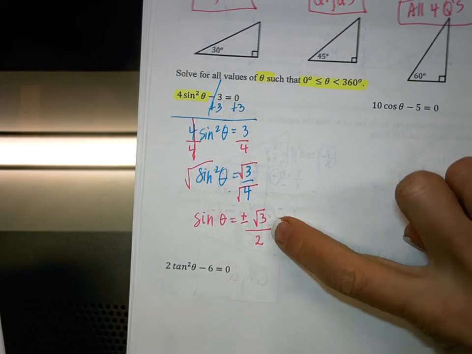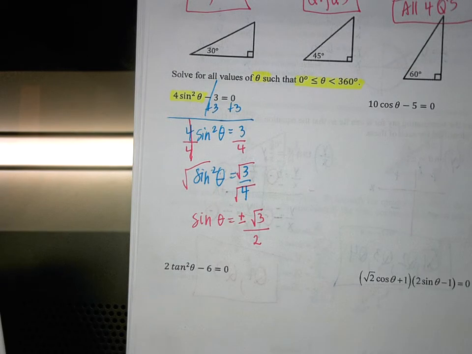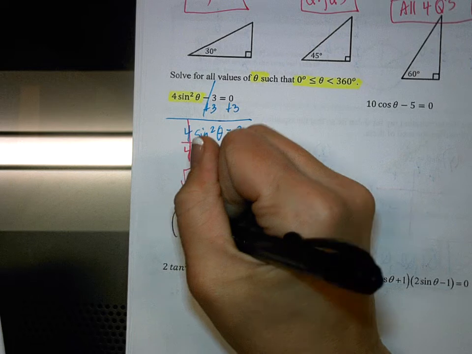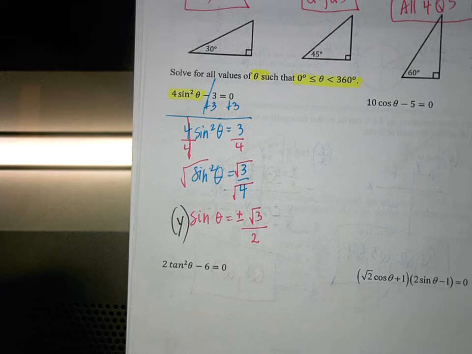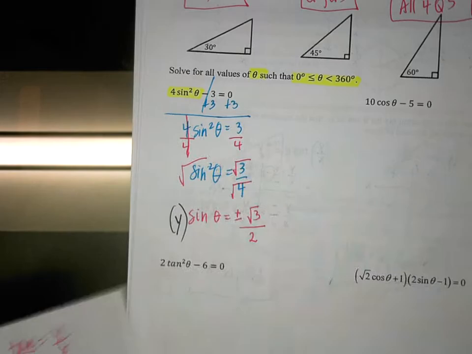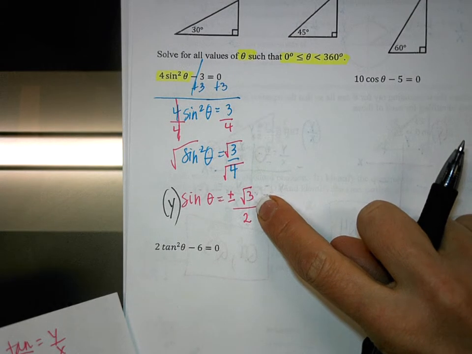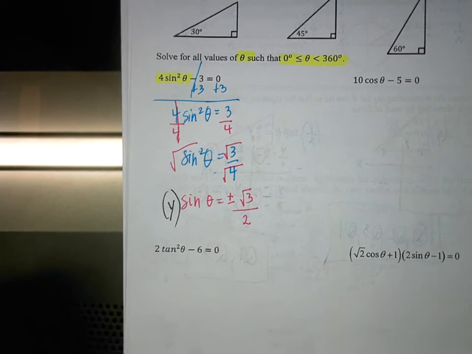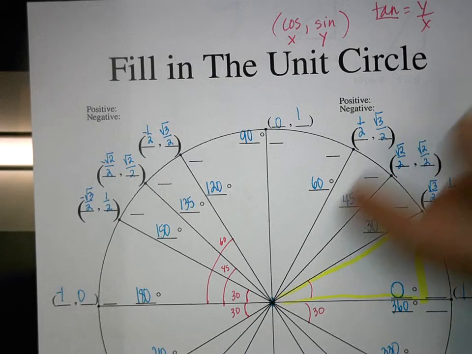So, sine can be positive or negative, root 3 over 2. Sine is dealing with which value, x or y? Y. So, we are going to take out our unit circle. In every single quadrant, you want to look for where there is a y value of root 3 over 2. Root 3 over 2 y value is 60 degrees.